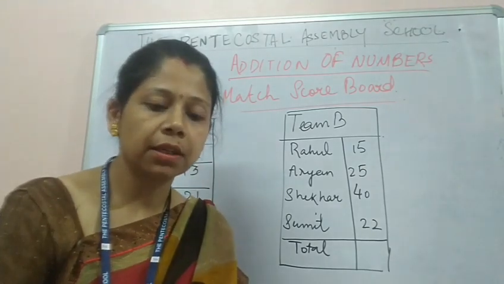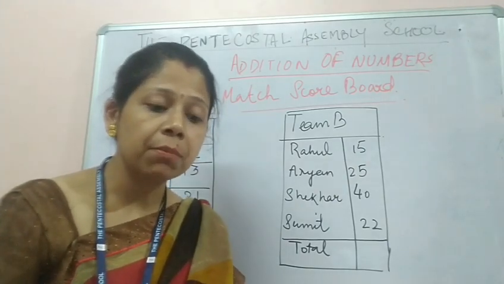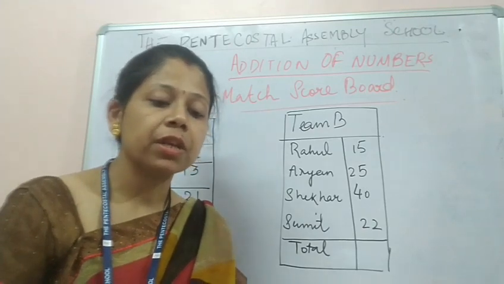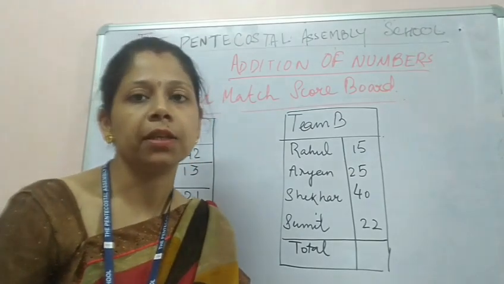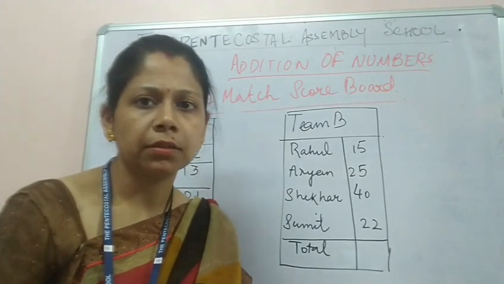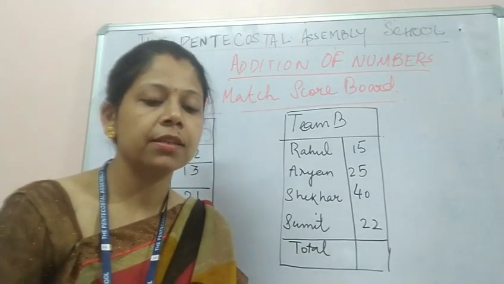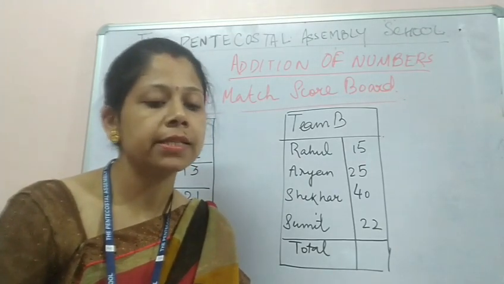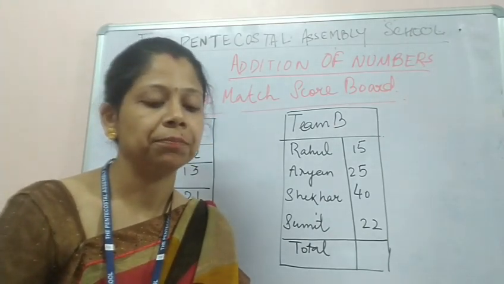So what is the answer? Have you written 527? Yes, the answer is 527 because when you add 5 and 2 you get 7.